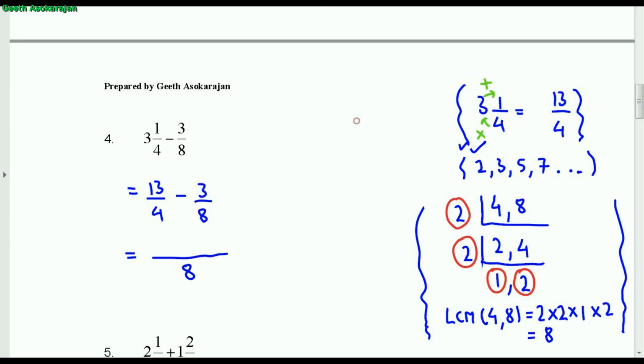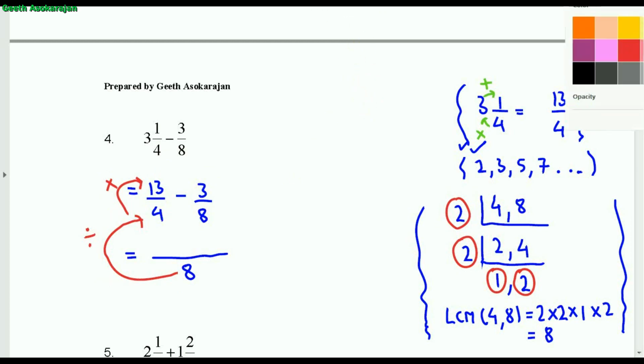And remember the step that follows next. We divide that 8 by the denominator and we multiply the answer by the numerator. So let's do that. Let me revert to blue. So 8 divided by 4 is 2. 2 times 13, 26.